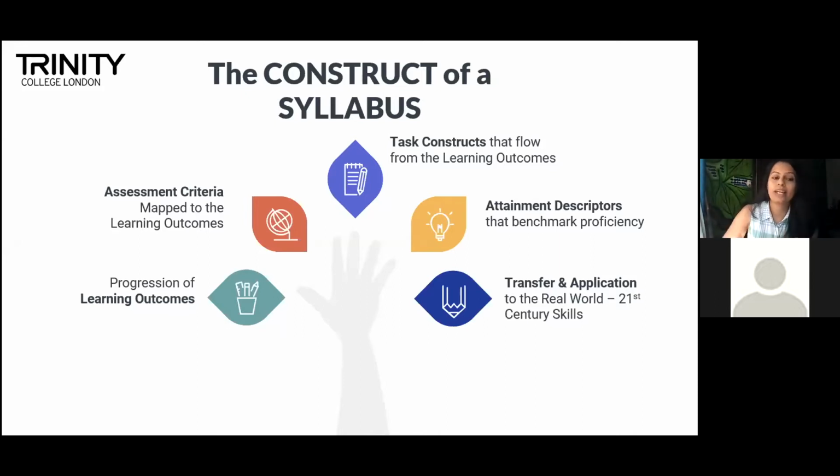And then we have assessment criteria. It's the standard that one has to reach in order to get a certificate. And these have been mapped from the learning outcomes. The task constructs obviously flow naturally from the learning outcome. And then we have the attainment descriptors, the below pass, merit, and distinction levels. And finally, the transfer of the learning that has happened through the process.